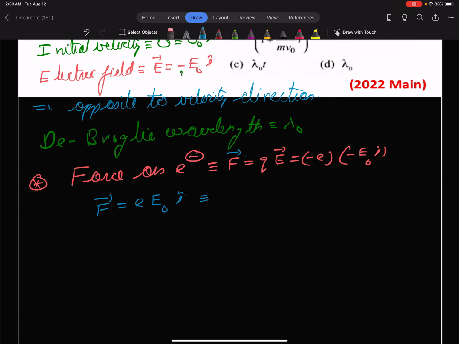Here also the force will be acting in positive i direction. Therefore we can say that our acceleration is in positive x direction, or we can say i unit vector.